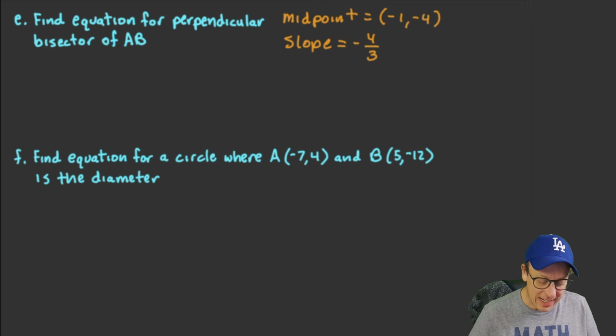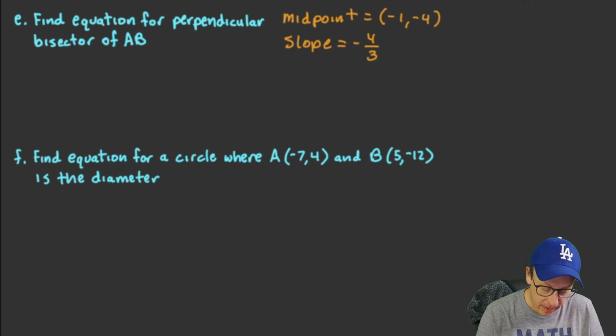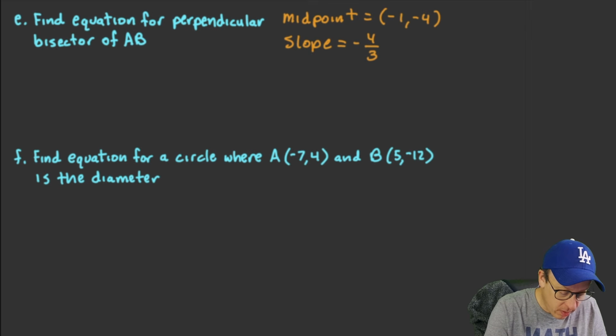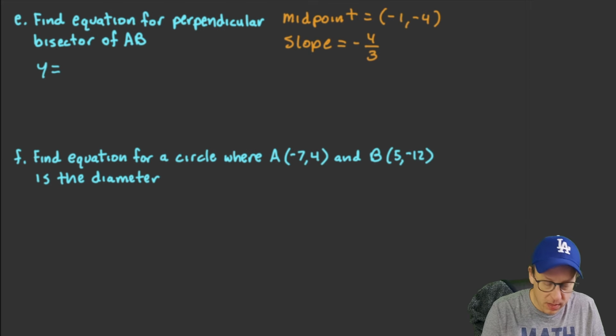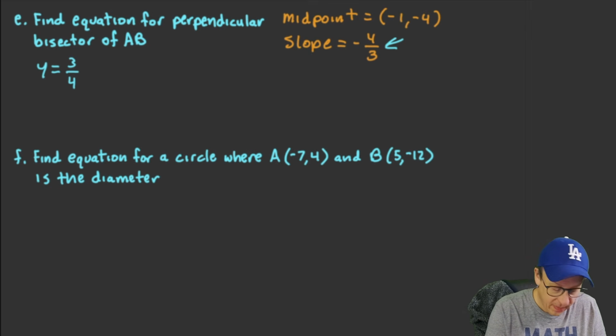Okay, so what we're going to need to do is get the negative reciprocal of the slope. So that's going to be 3 over 4. So where do I write this? So we're going to say y is going to be equal to 3 over 4, because of the negative reciprocal of this. So that's 3/4, and that's the reason why the negative sign goes away.